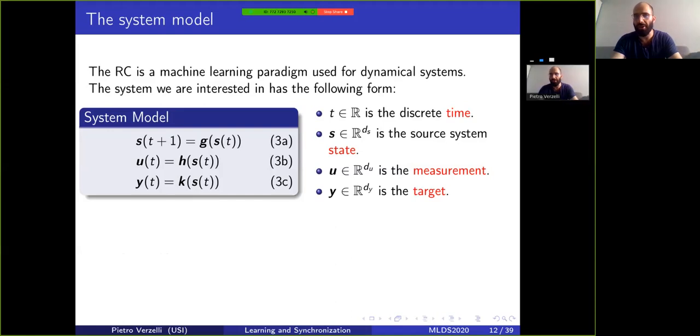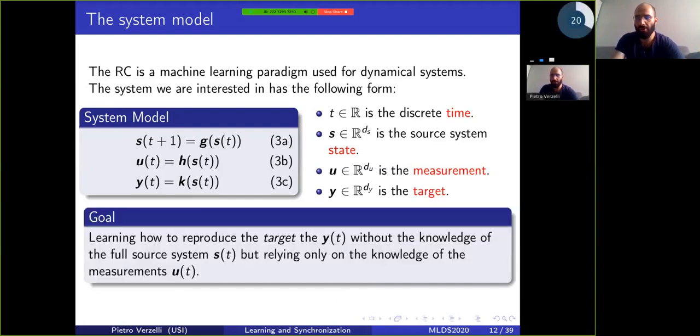It's like an observable of the system, obtained through H. While we have Y, which is another observable through K, and which is the target. So our goal would be to reproduce the target without the knowledge of the full state system or full source system, relying only on the measurement of U. So again, we are reading U, and we want to be able to generate Y out of it.